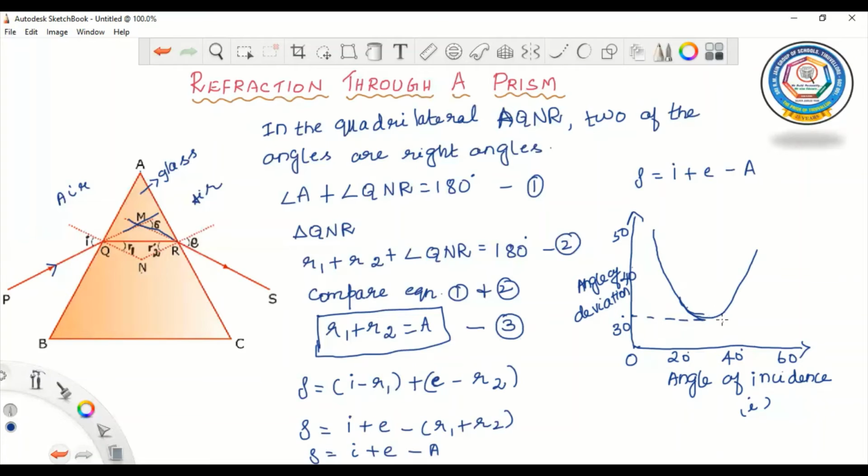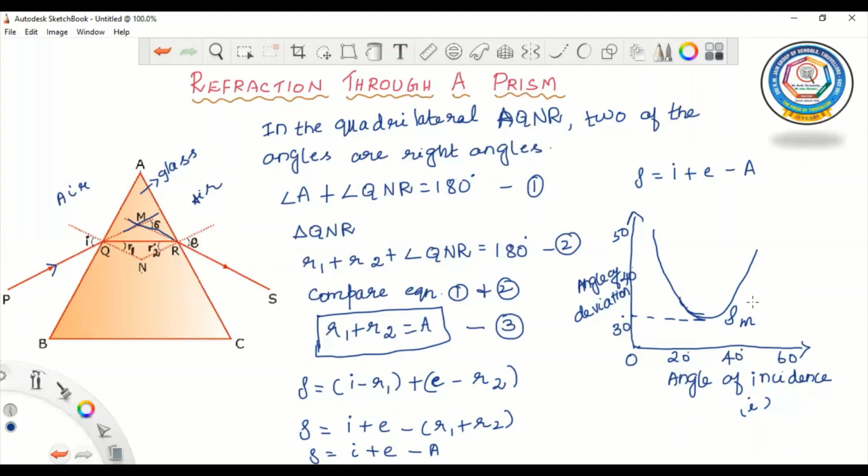Actually, this will be represented by del m, that is minimum deviation. What is the important point here you have to notice is when the prism is placed in the minimum deviation position, the refracted light is parallel to the base of the prism.